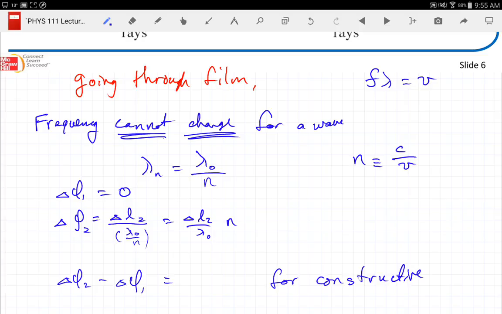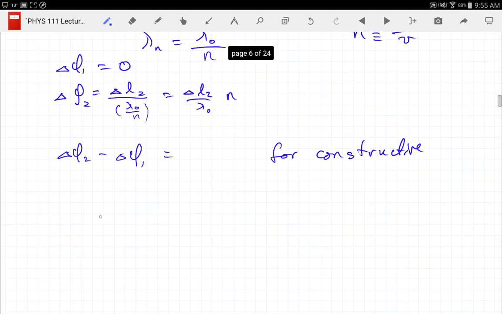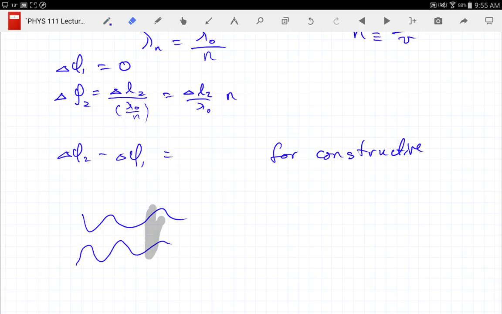What basic condition gave us constructive interference when we added two waves? Remember, I drew waves. Here's one wave. Here's, for instance, another wave. Is that going to be constructive or destructive? It's destructive. And how do you know?